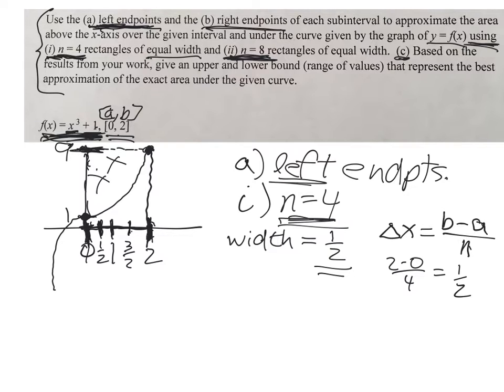The function value at that left endpoint is how we calculate the height. So the first rectangle, we're going to be using 0. f of 0 is what? 1. Okay, that's the 1. So we're going to draw in a rectangle here. That's going to be the first rectangle to help us estimate the area under this curve.